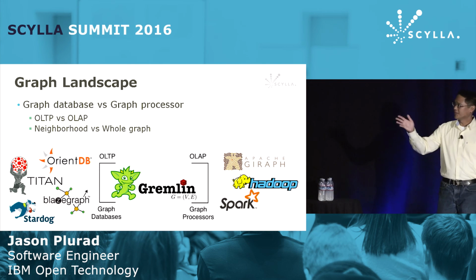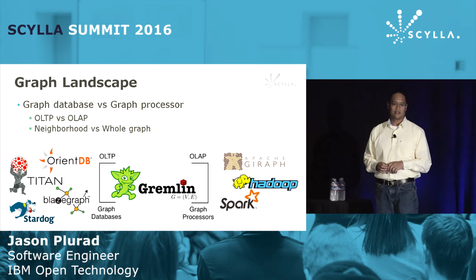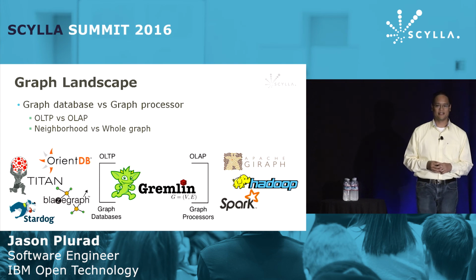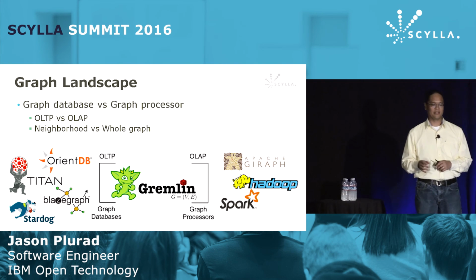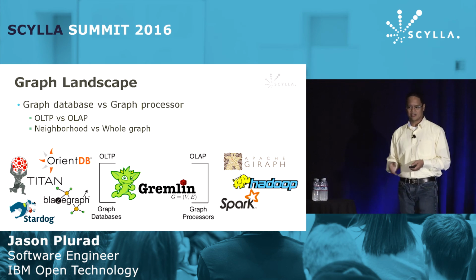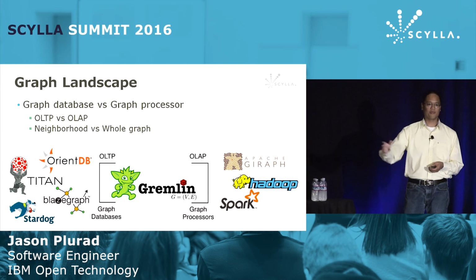So that's OLAP. On the OLTP side of the house, this is more of the real-time type of queries, where you're trying to do more of a neighborhood type of query. So you start with a specific node. We like to call this an egocentric type of query. You start at a very central node, and then you do hops out from that node.